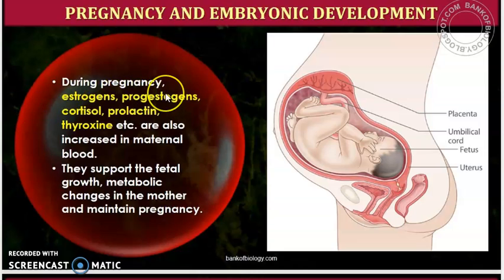You know that a normal female body produces estrogen and progesterone to carry out the ovulation process and all those things. But the other hormones we mentioned, HCG and HPL, along with relaxin, will be produced only during pregnancy. So these other hormones like estrogens, progesterones, cortisol, prolactin and thyroxine are seen at an increased level in the maternal blood during pregnancy.